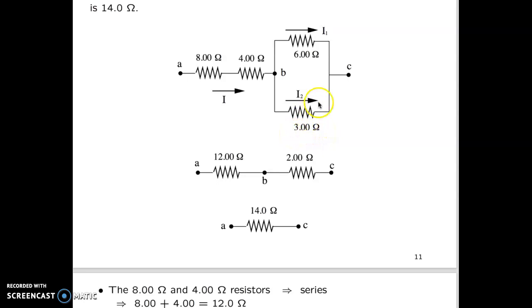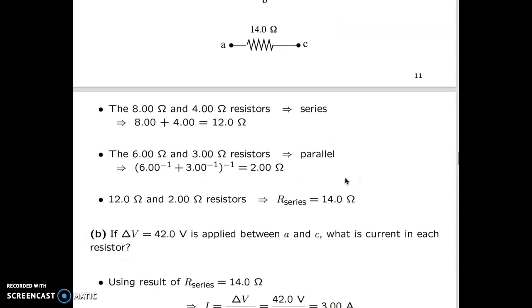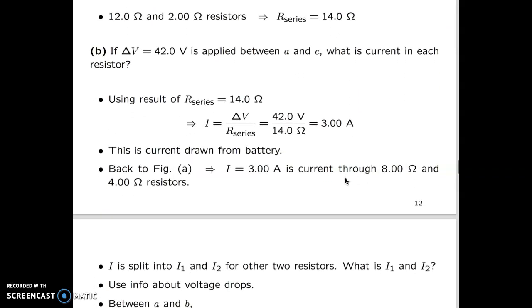I also know that these two resistors were in parallel with each other because they have the same potential difference. And whatever the potential difference is between B and C in this original diagram is going to be the same as the potential difference between B and C in this middle diagram. Okay, we're going to use that fact.